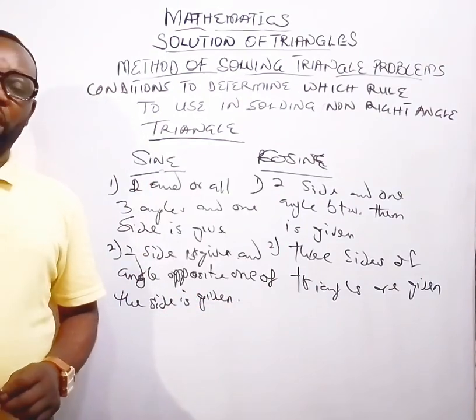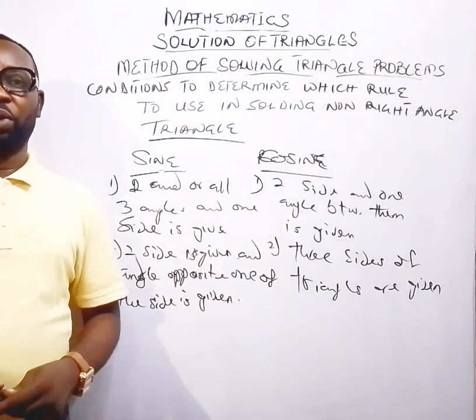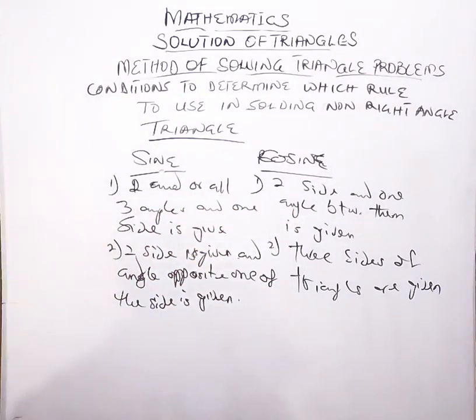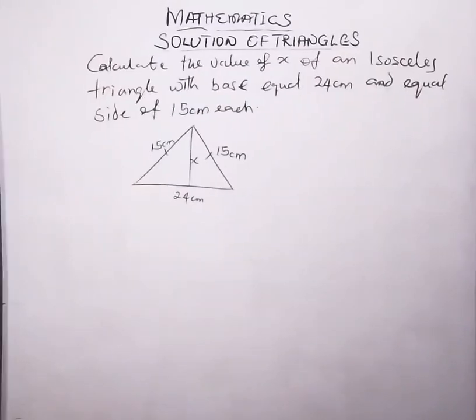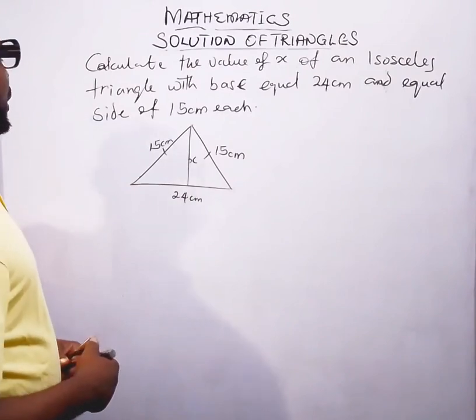Now, let's look at some problems involving the sine rule and the cosine rule as we solve them right away. We have a question here on a right angle triangle.